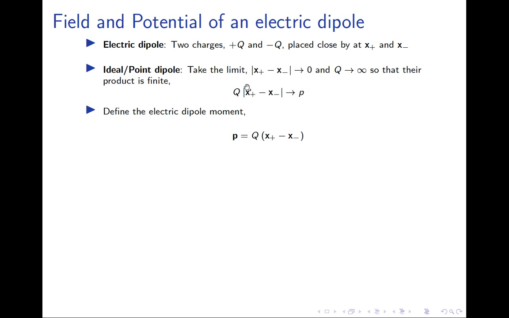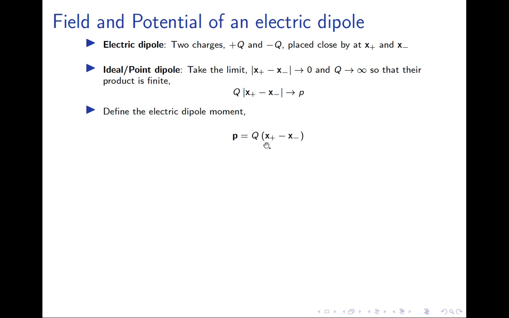That product is sometimes known as the dipole moment, P, the magnitude of the dipole moment. In general, you can define an electric dipole moment, which is this q multiplied by the vector from the negative charge to the positive charge, right? So it is directed from negative to positive charge. This is the tail of the vector and the head of the vector. So that quantity will remain finite in this limit.